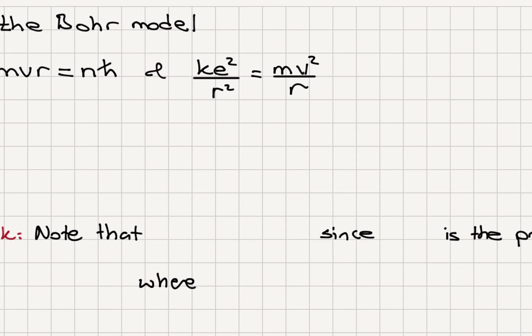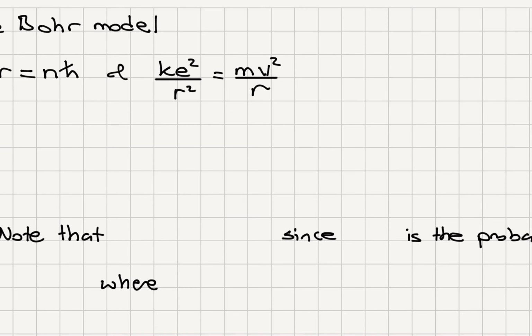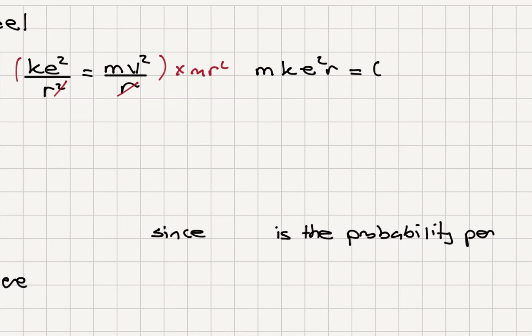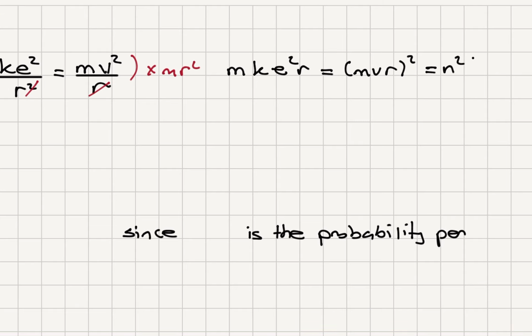If I multiply this equation with m r squared, I obtain m k e squared times r is going to be equal to (m v r) squared, which is n squared h bar squared according to Bohr postulates.